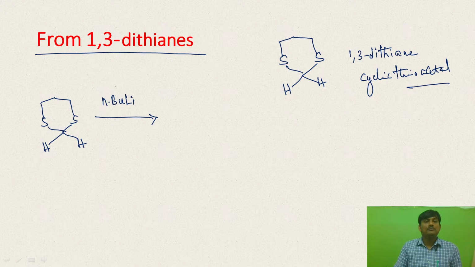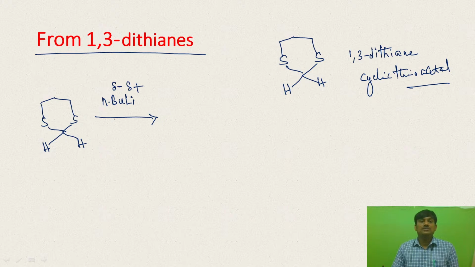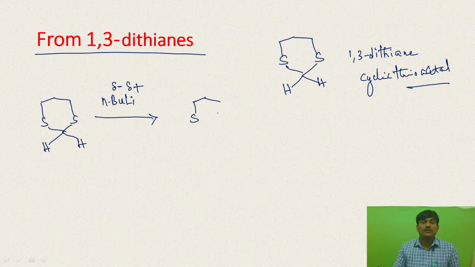Okay, here butyl has partial negative charge, lithium has partial positive charge. In n-butyl lithium, the butyl group acts as a base and abstracts a proton. So there is a formation of carbanion. This carbanion is stabilized due to the electron withdrawing nature of sulfur.